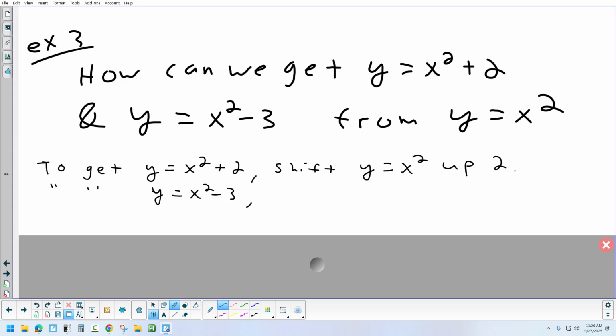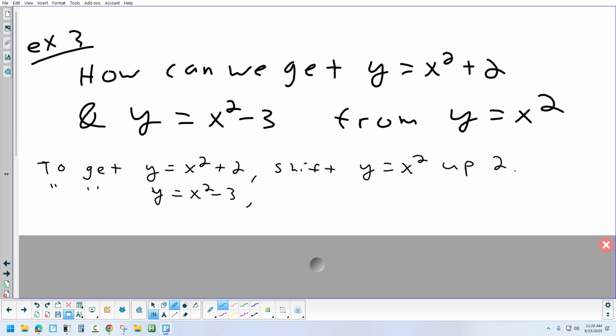From the original to x squared minus 3, you just subtract. So how would you write that one down? Yeah, this one, just like we did the top one. From x squared plus 2 to x squared minus 3, you go down 5.